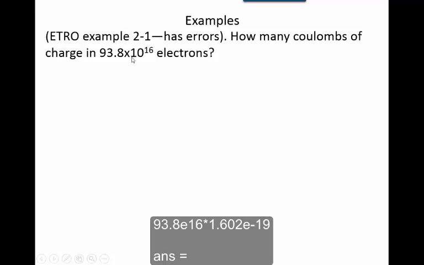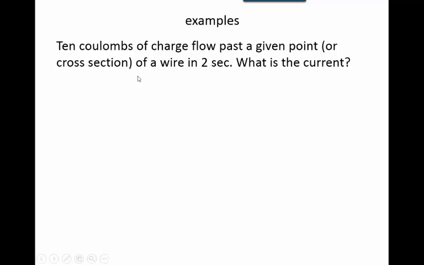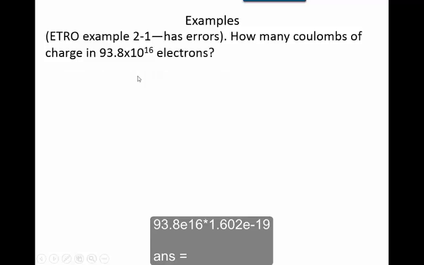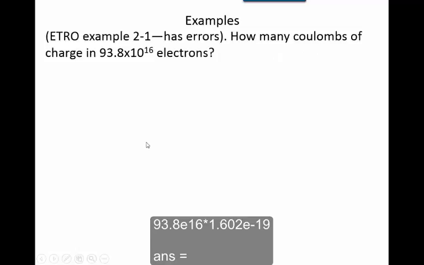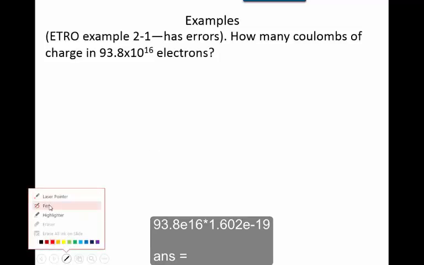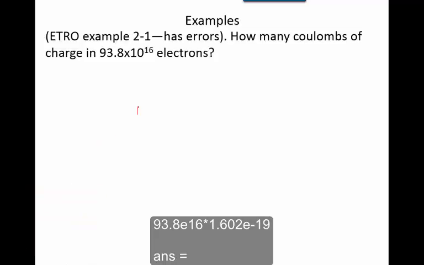So what do I know about this problem? The number of electrons, and I write it down because this helps it sink in what's happening in this problem: 93.8 times 10 to the 16th electrons. What else do I know about this problem?